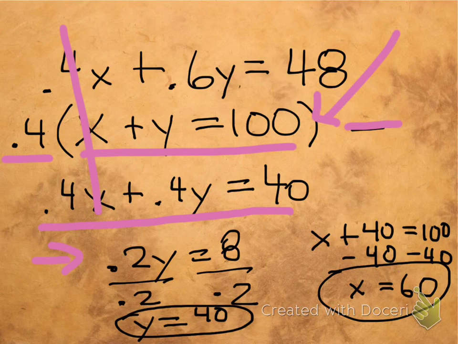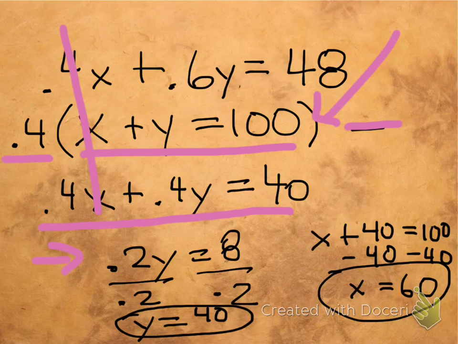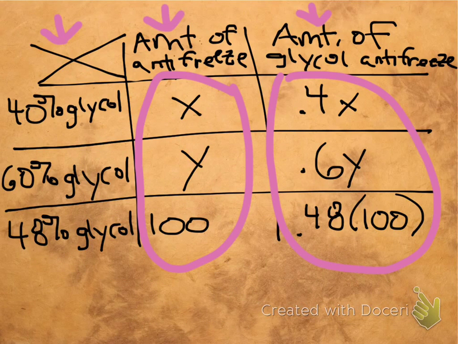So I got x equals 60 and y equals 40. So that means that to get the 48% mixture like it wanted us to, I need 60 gallons of 40% glycol, because that represented our x, and I need 40 gallons of 60% glycol, because that represented my y.